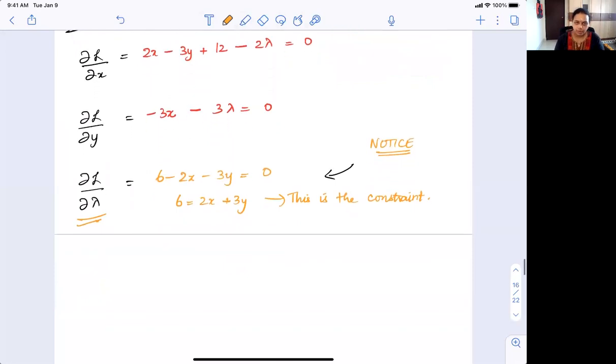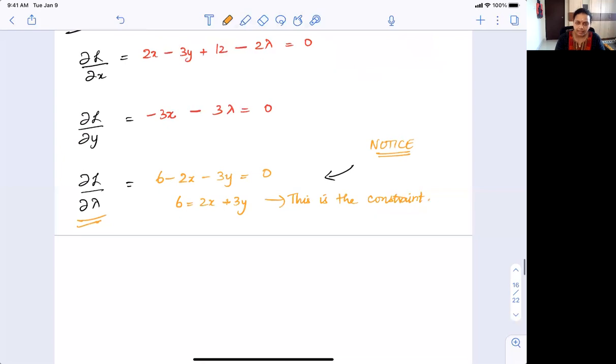I'm just going to put things in a slightly easier way. We have x, y, and λ, so 3 equations in 3 unknowns, and it's going to be possible to find a solution.